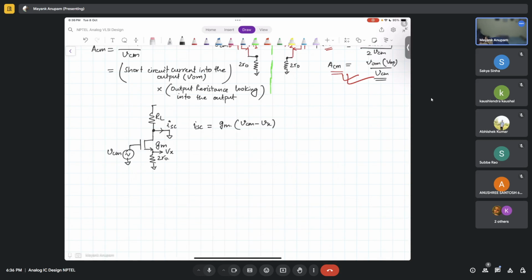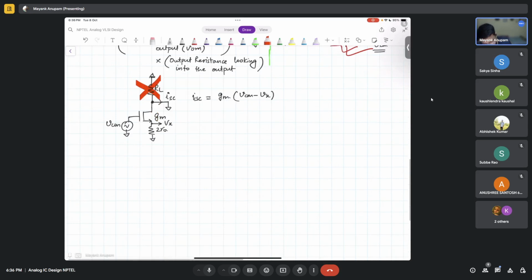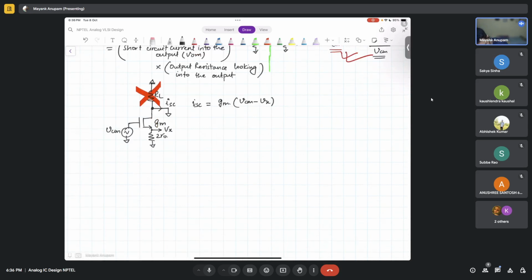Tell me something. Is there any current that is going to flow into this resistor RL? Can any current flow into this resistor RL? No, right? So this RL is as good as not being there, so just ignore this RL. Now, whatever current is going to flow through this transistor, it's only going to flow through what?